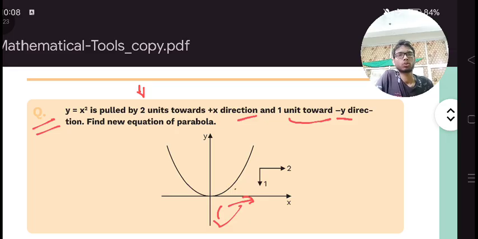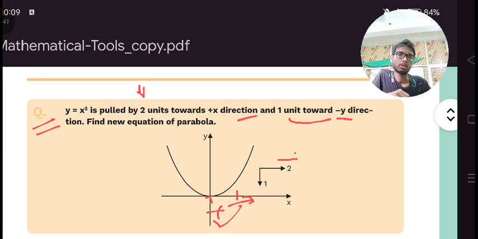So this is 2 units over here from here, and in this, 1 unit. Okay, find the new equation of the parabola.